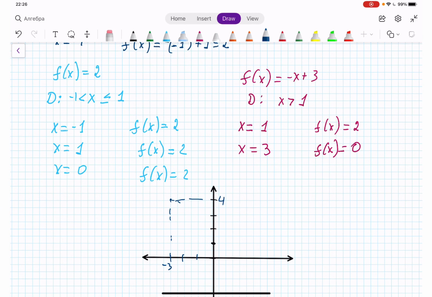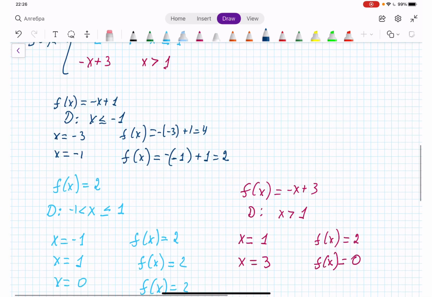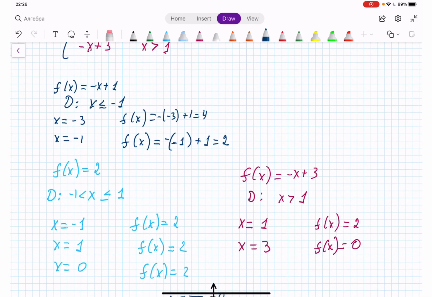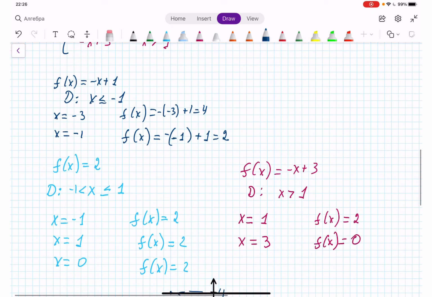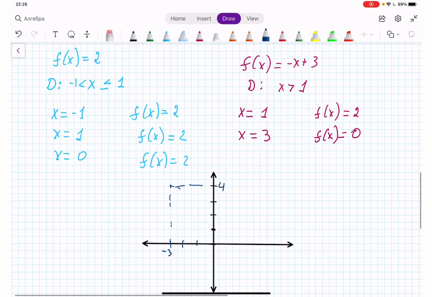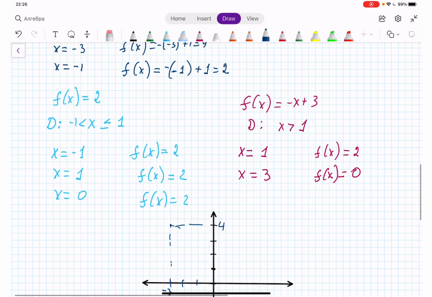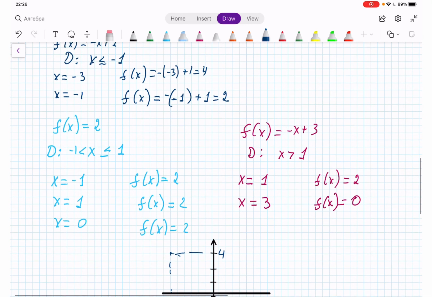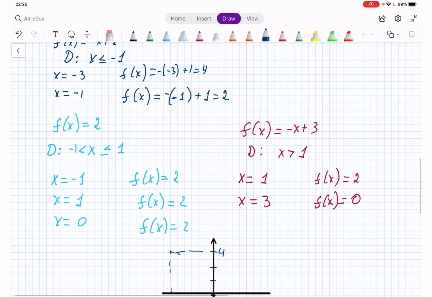And negative 3 is not the edge of any domain. All right, so negative 3, and then we have x is negative 1. We always check the border of this domain. So here is negative 1.